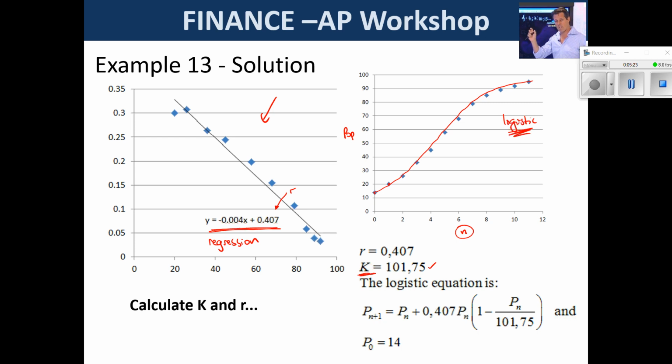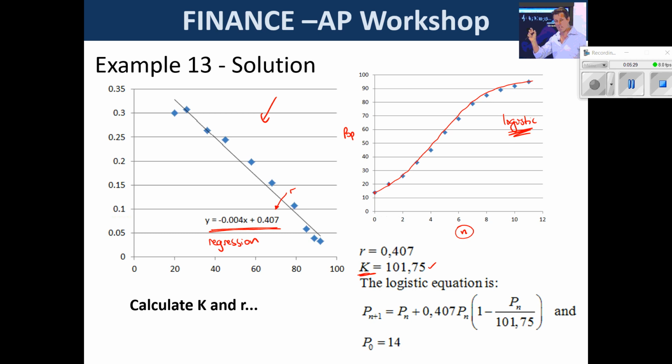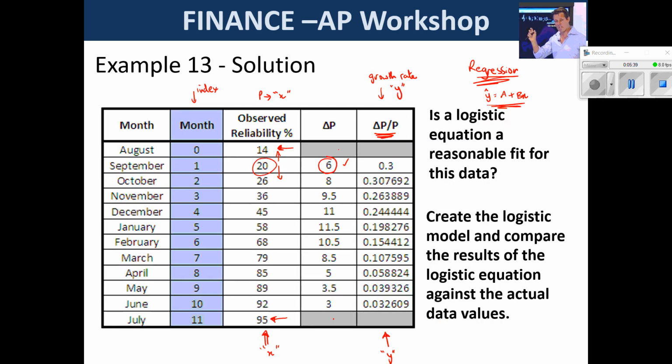So from this previous page, from the regression model, I'm able to get your R, I'm able to get the carrying capacity, and hence I can go and create this recursive model. And if you just remember, your initial population, P0, is going to be the 14, because this is before we started, that was the initial starting value.